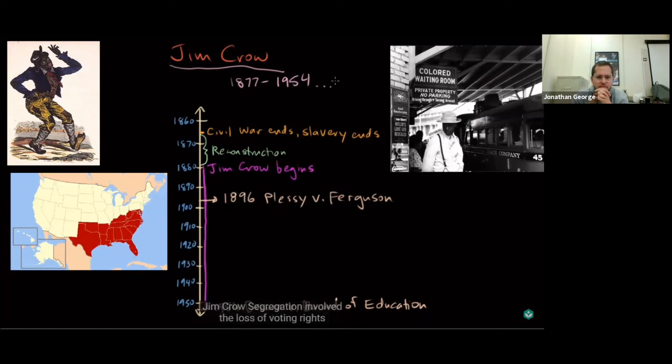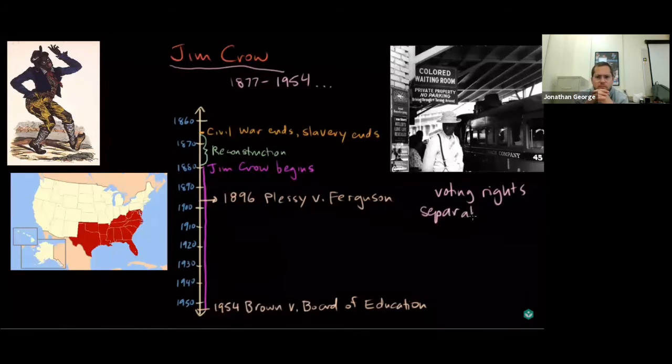Jim Crow segregation involved the loss of voting rights for African Americans, as well as separate public accommodations. And by public accommodations, I mean all sorts of public spaces in American life.